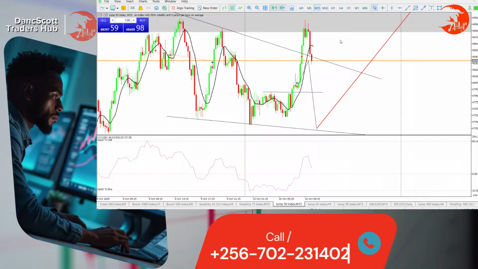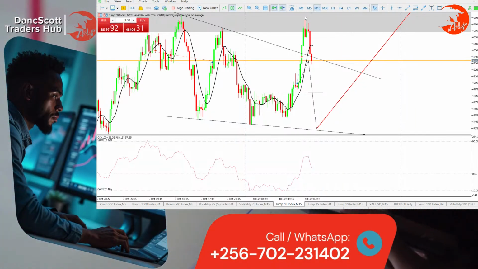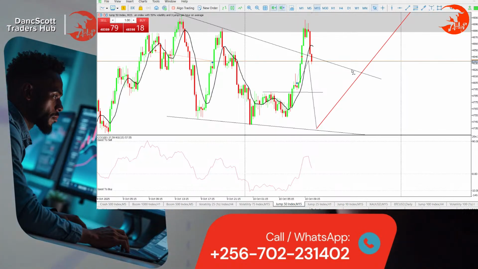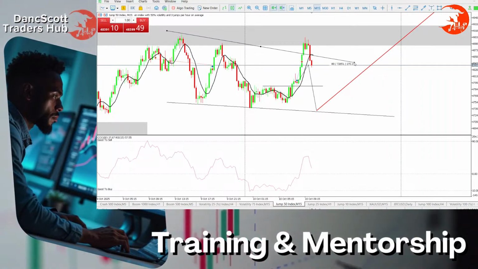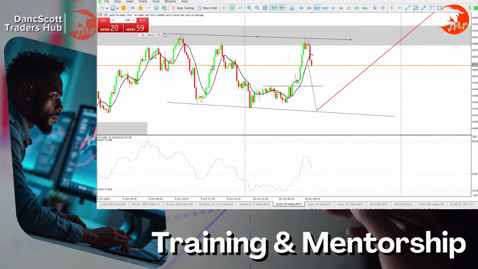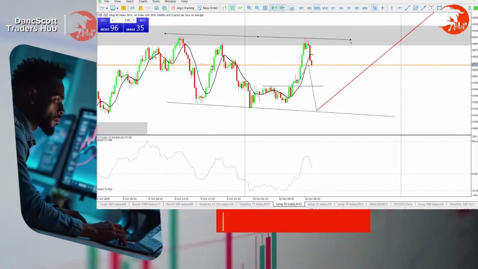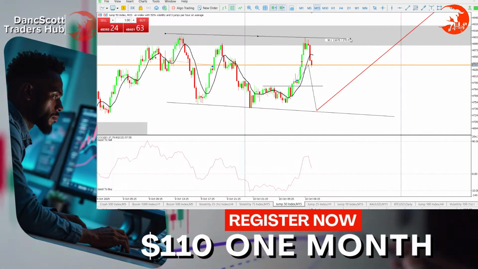This was Jump 50. We already hit our target, and now it's coming in for the sell. You can see the sell has started. That means this trend line shifts and goes all the way up there.